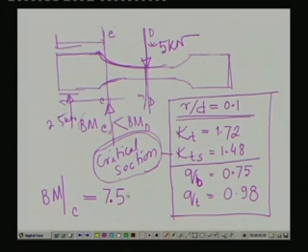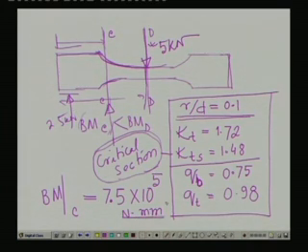So, 7.5 into 10 to the power 5 Newton millimeter.